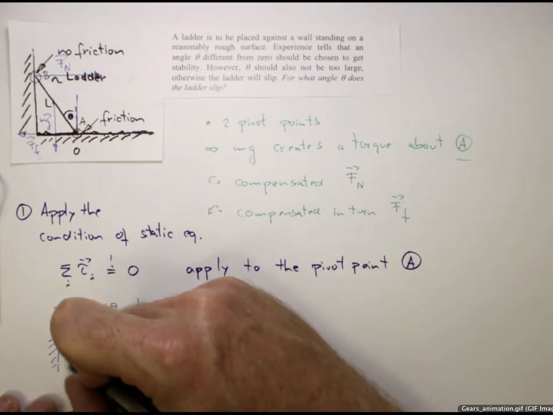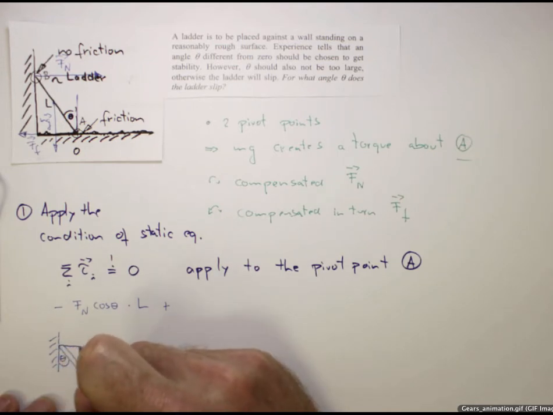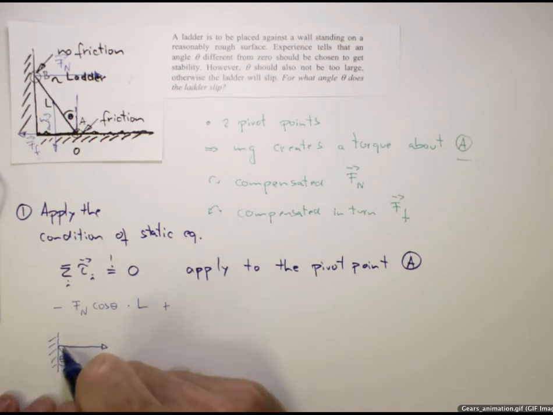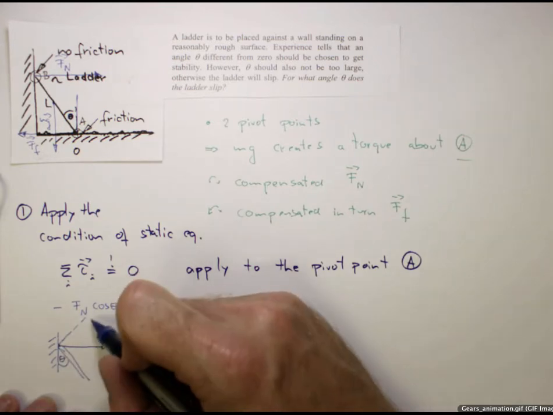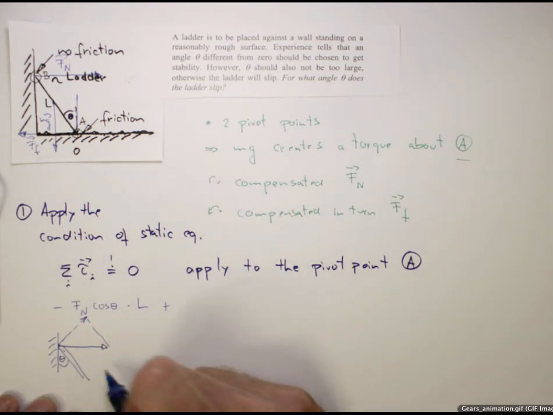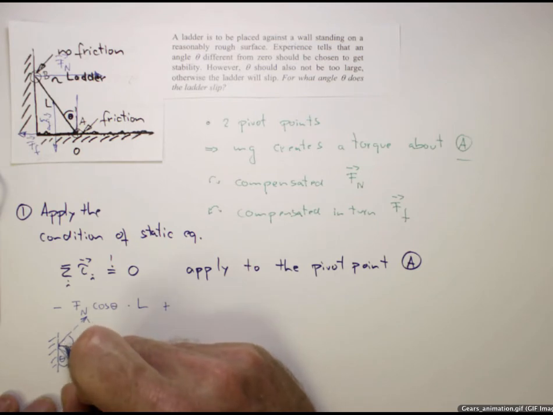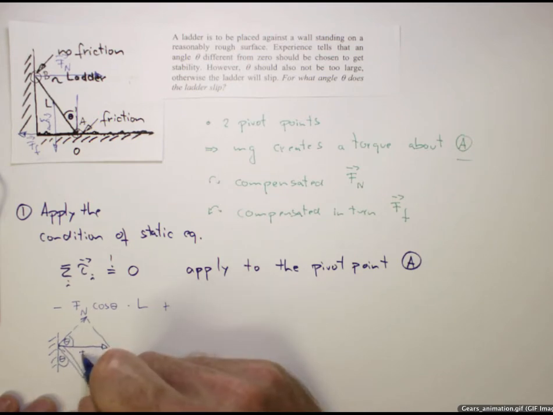So this is our ladder, and the angle theta shows up here, and this is the actual normal force, but the component we want is this one. And that component is equal to, the angle theta also shows up here. So therefore this component is equal to Fn times the cosine of that angle.